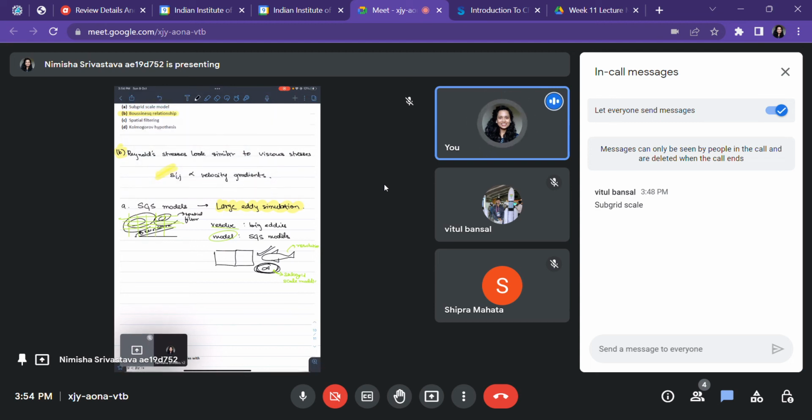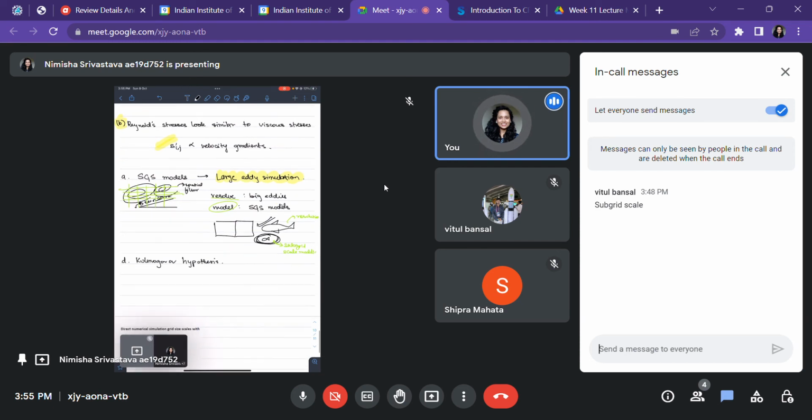The next option is the Kolmogorov hypothesis. This is basically a thought experiment, an idea based on conjecture about where the energy really goes.